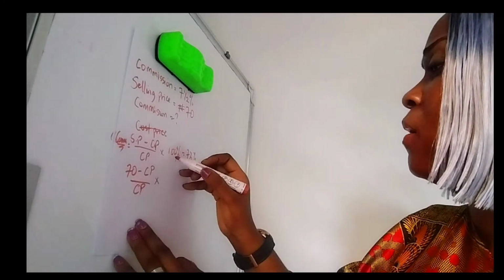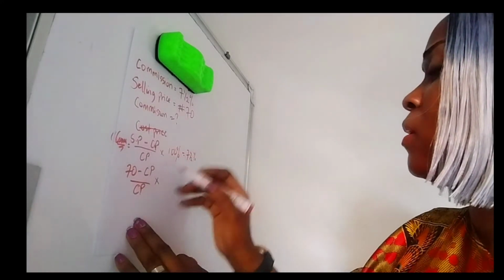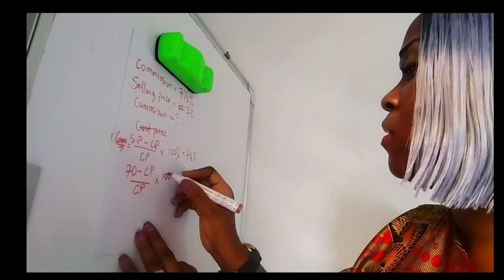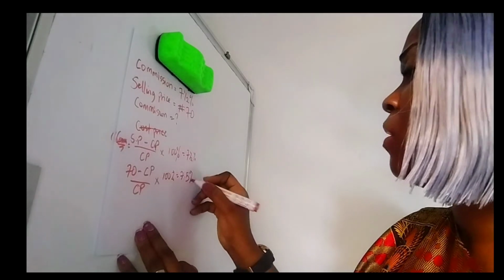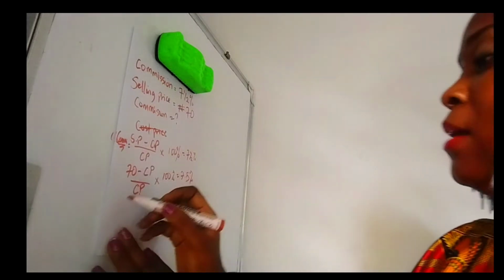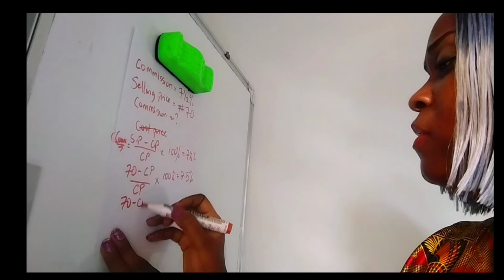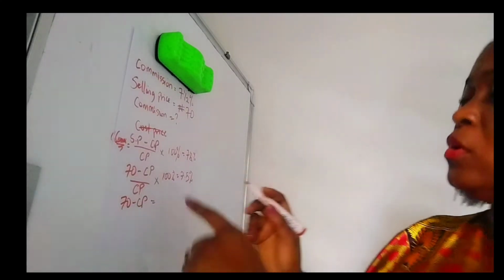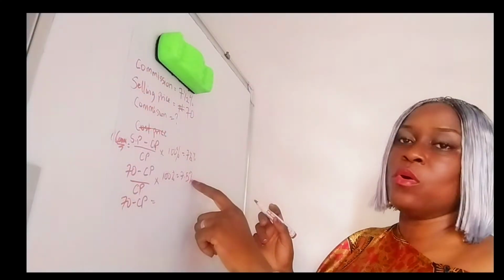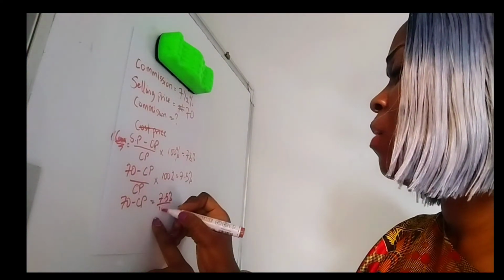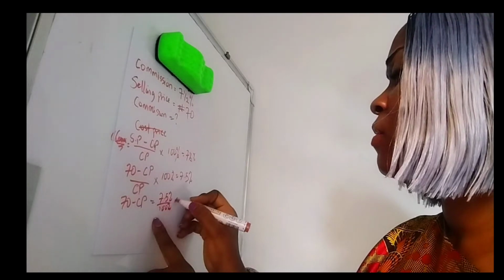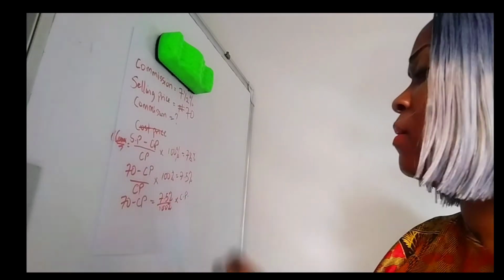Let this be 100%, equal to 7.5%. So we'll say 70 minus CP equal to 7.5% over 100% times CP.